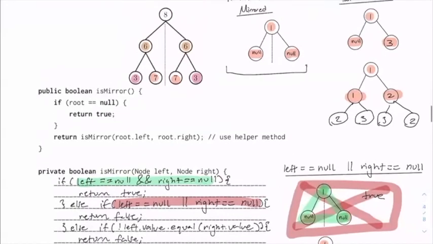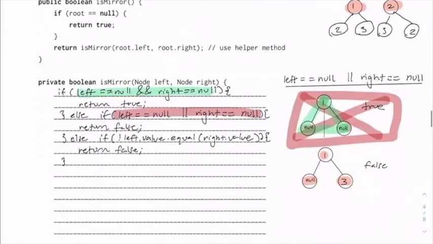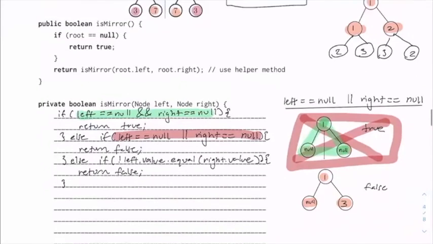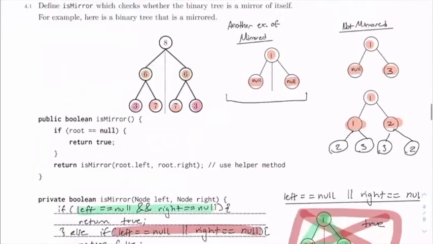And now finally, the only case that's left is if the values of the right and the left nodes are the same. So this is the mirrored case. We can imagine that we only are considering these two left and right nodes, and we're checking if these are the same, and they are the same.